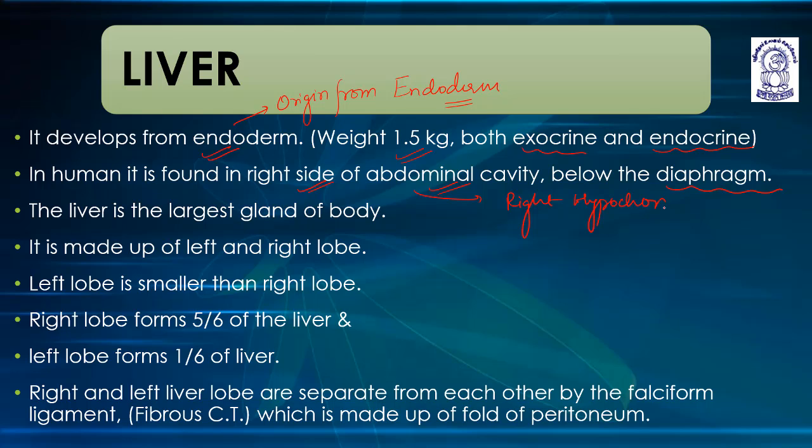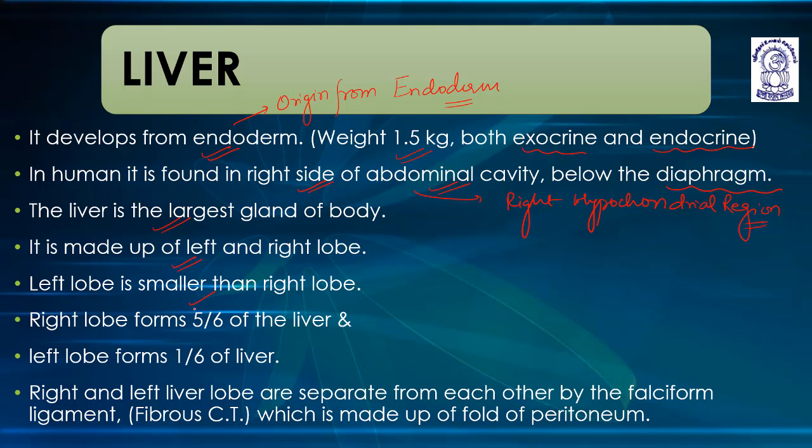Hypochondrial region, below the diaphragm. The liver is the largest gland of the body. It is made up of left and right lobe.